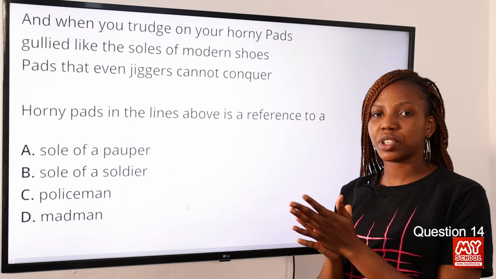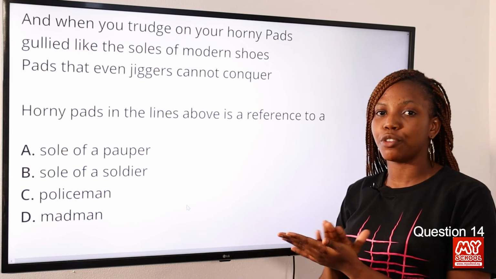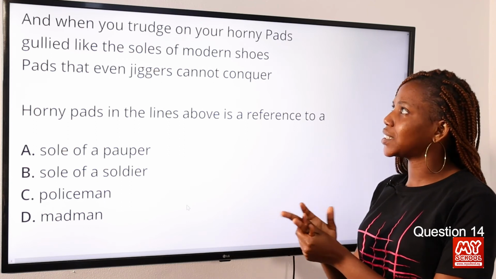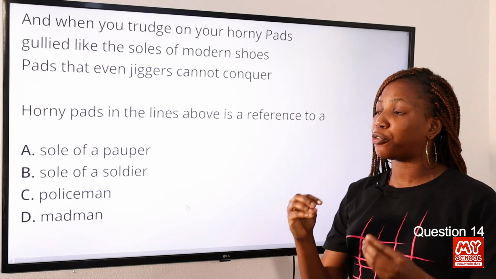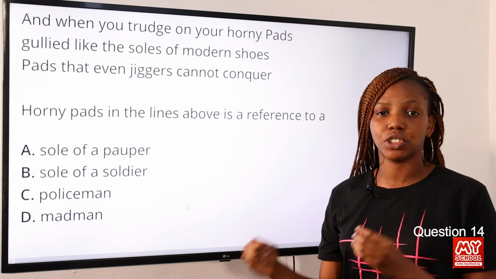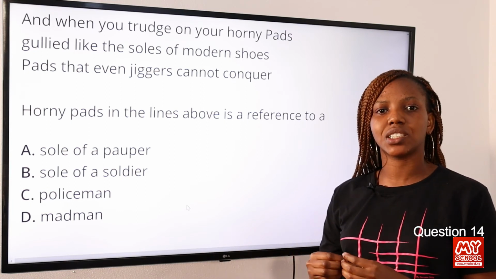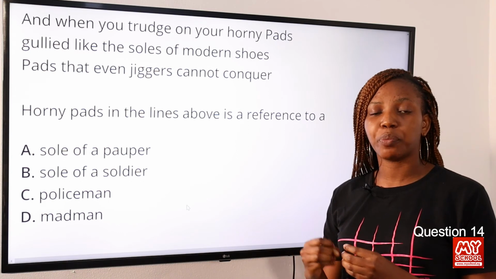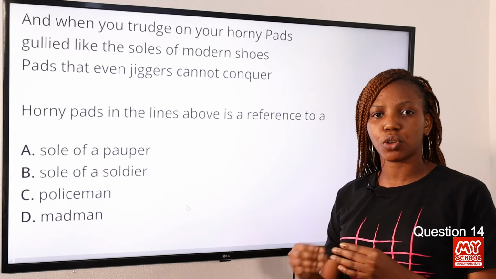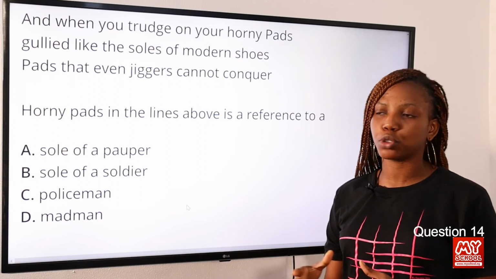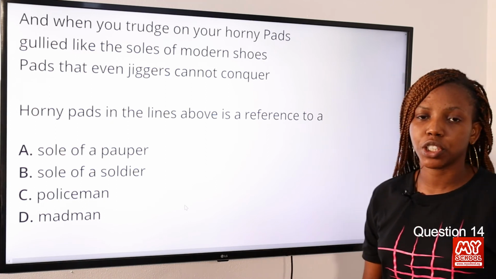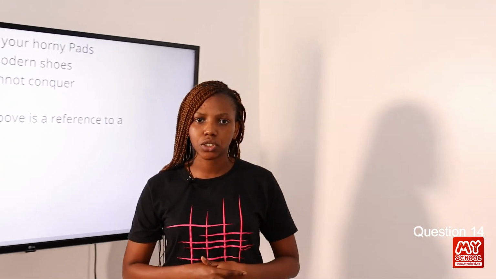So we don't have a smooth surface, it's a rough surface, a surface with passages or channels. So we can say that your honey pad is the foot of a poor person. Okay, a poor person that has been exposed to harsh conditions, and that is why the foot is ugly. The foot is not presentable, it's not smooth. It has lines or passages as a result of the condition it has been exposed to. So the answer to this question is option A, soul of a pauper. Option A, therefore, is the correct answer to this question.